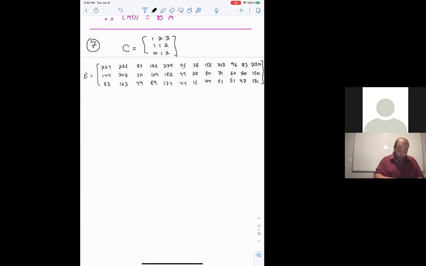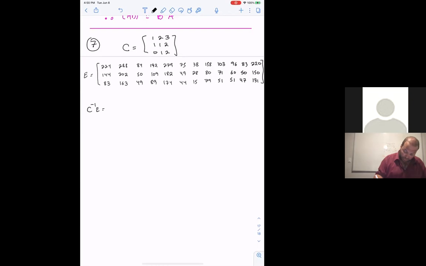Whew, okay. First let's quit out of this second matrix. So C inverse times E equals 61, 77, 3, 39, 9, 77, 1, 19, 15.